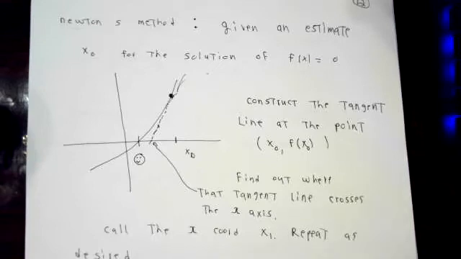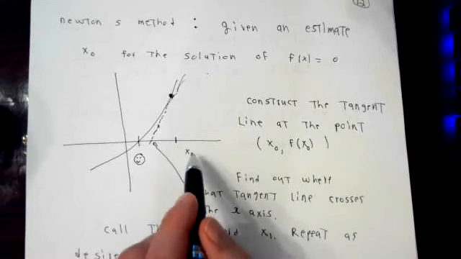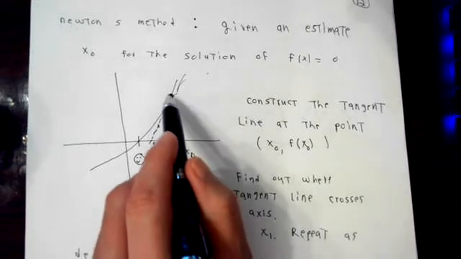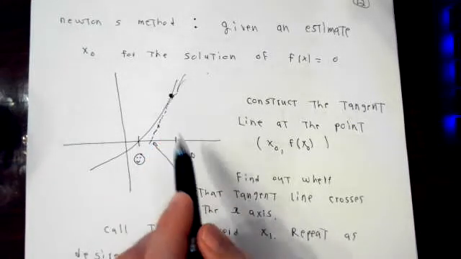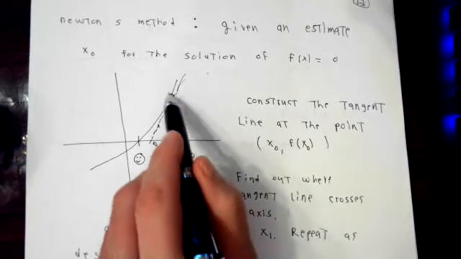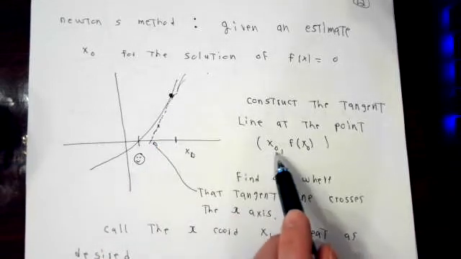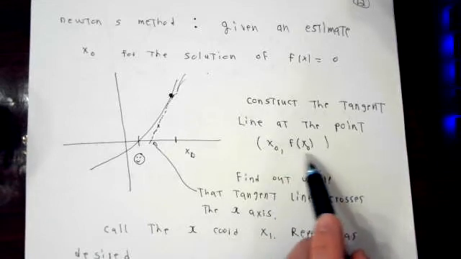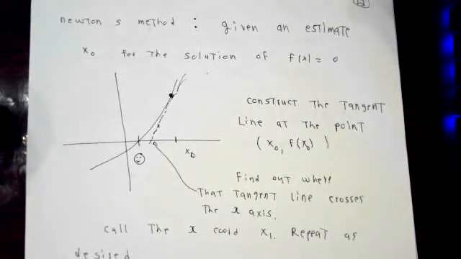So here's the premise. I've got some initial estimate of the solution to f of x equals 0. Say x0, or I might call it x1, or I might call it something else. There's a point on the graph that goes with that. The coordinates of this point are the x value that I have, and the y coordinate is the function value to go with it.